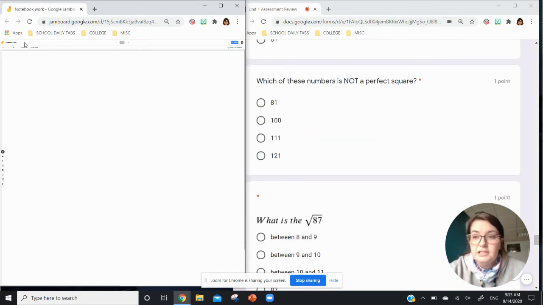Which of these numbers is not a perfect square? It really helps you again if you know your perfect squares from 1 to 15, which I just did 81, and 81 was 9 times 9, so that one's a perfect square. 100 is 10 times 10.